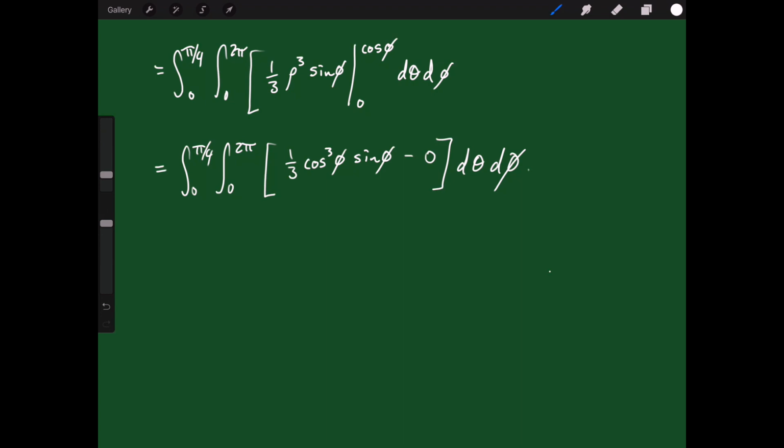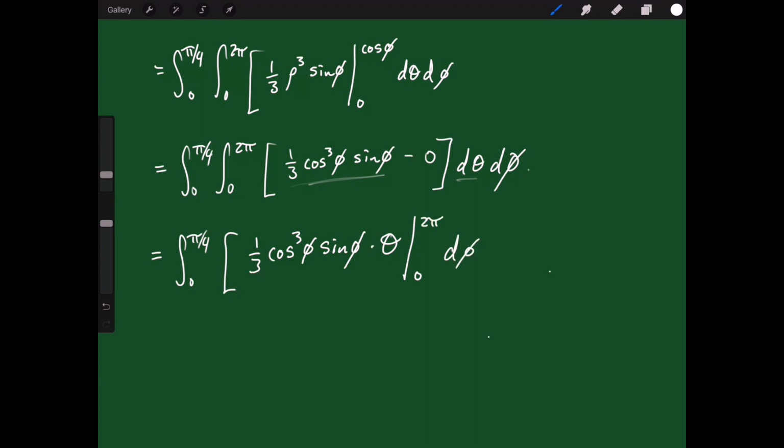And now I want to integrate this with respect to theta, but that's just a constant with respect to theta. So I just get the integral from 0 to pi over 4 of 1/3 cosine cubed phi sine phi times theta evaluated from 0 to 2 pi d phi, which is the integral from 0 to pi over 4 of, I could pull the 1/3 out if I want to.